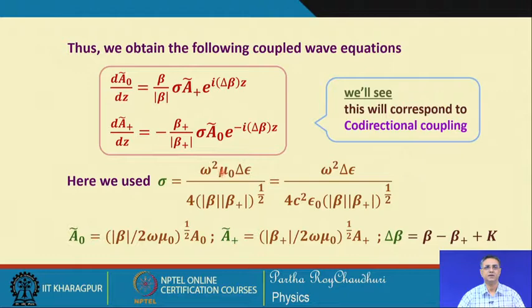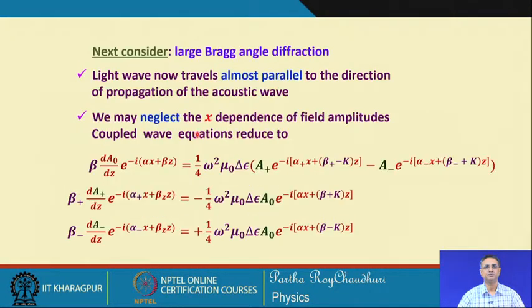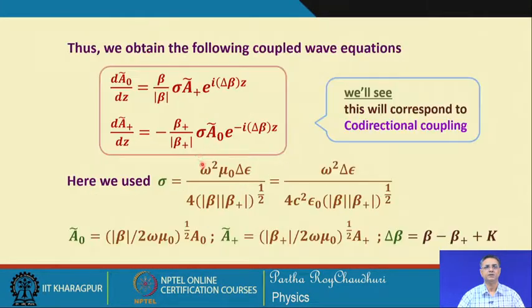So, in that case how do we organize the set of equations. Now, from here we can rewrite this equation del A 0 del z equal to beta by beta z.